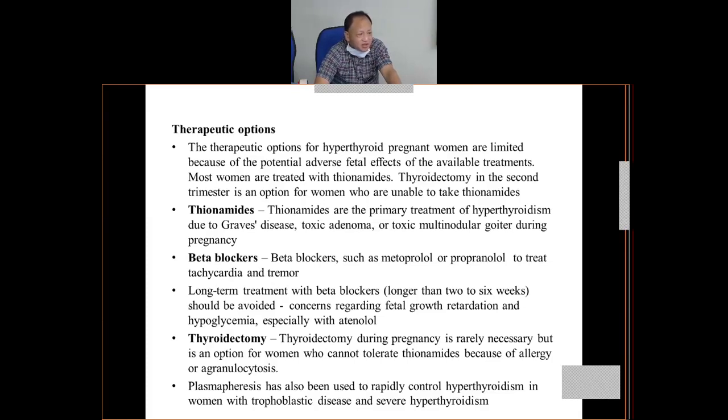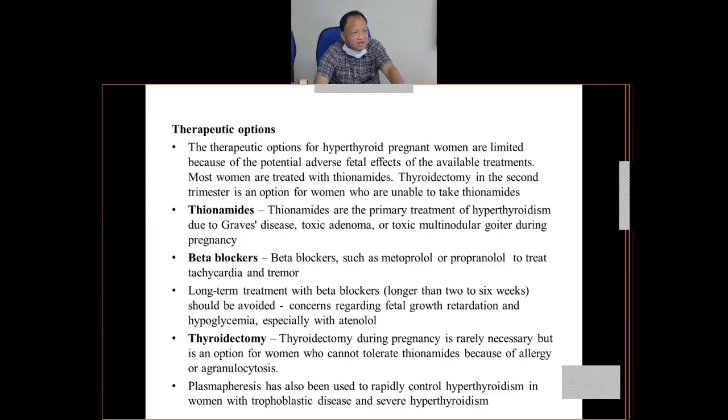Beta blockers are not contraindicated. However, long-term treatment with a beta blocker longer than 2 to 6 weeks should be avoided. As I said earlier, you give a beta blocker to control the symptoms, give antithyroid drugs to reduce the production of thyroid hormone, the symptoms subside, and you can withdraw the beta blocker.